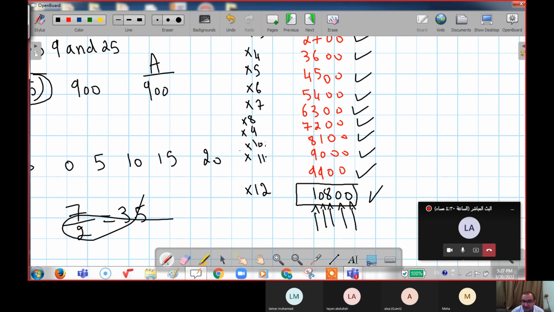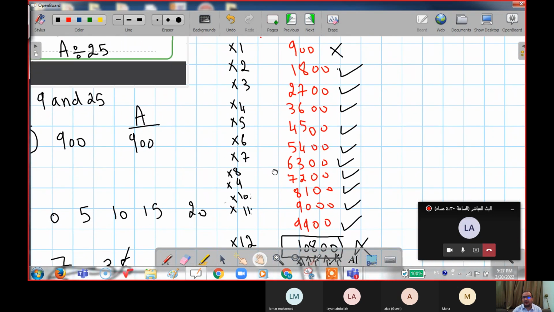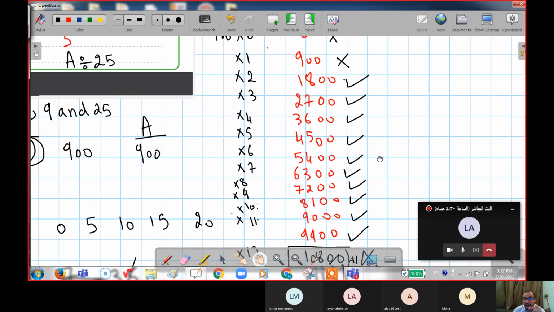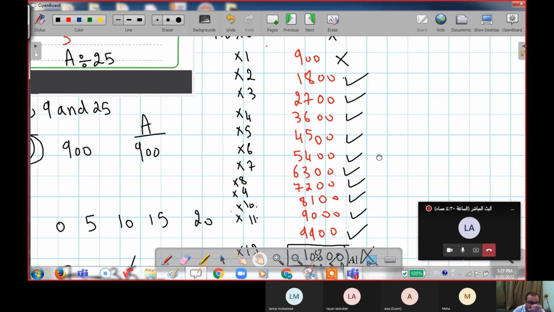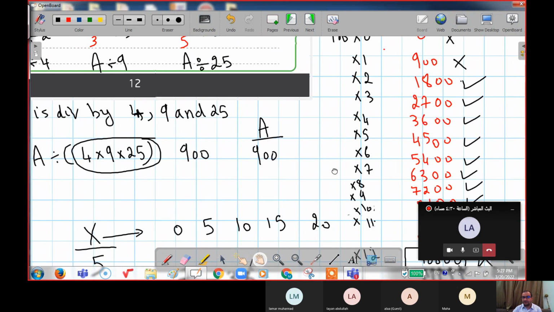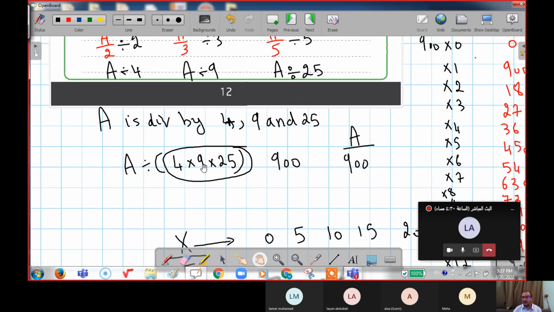So it cannot be the solution. So the numbers are from 1,800 to 9,900. These numbers are divisible by 4, by 9, and by 25.